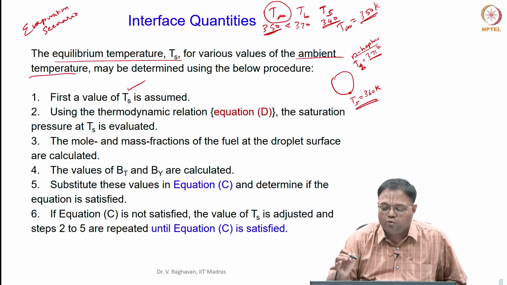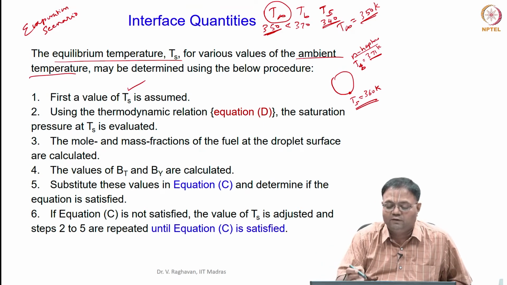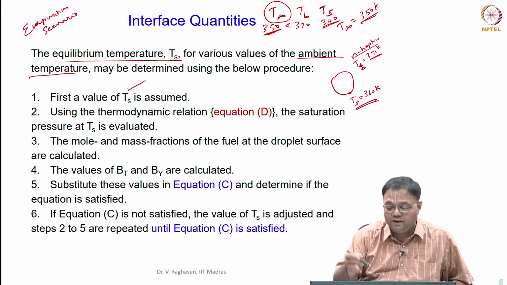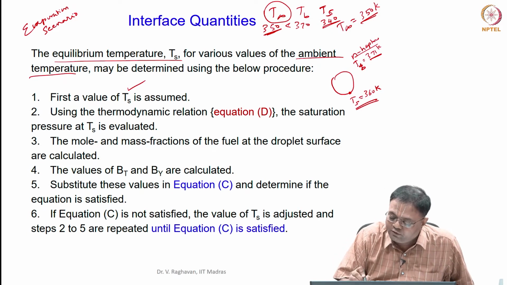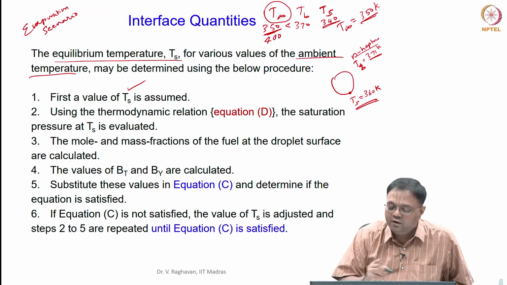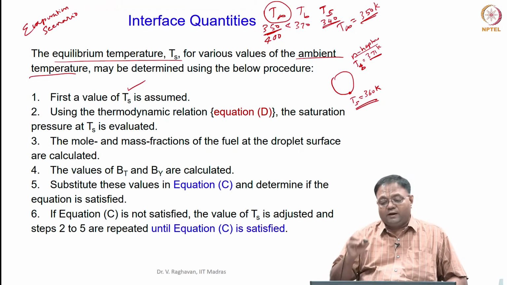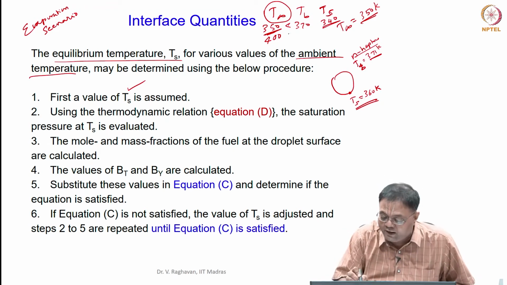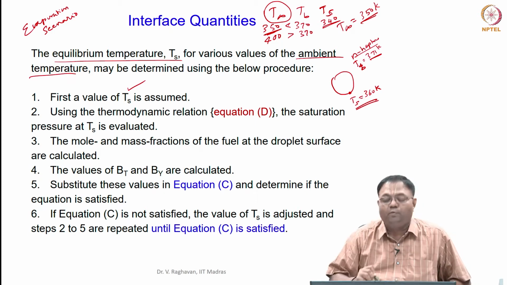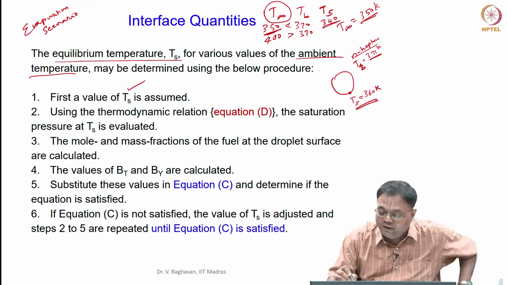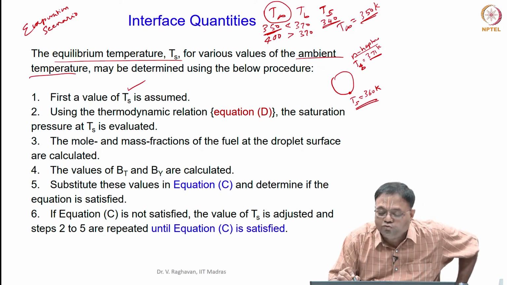It will not even go close to that, because the ambient temperature itself is less than the boiling point. Now if I take a scenario where the T infinity is 400 Kelvin, which is actually greater than 370, the boiling point, then I may reach a temperature close to boiling, but I cannot exceed the boiling point. Please understand, I may go to 360 here.